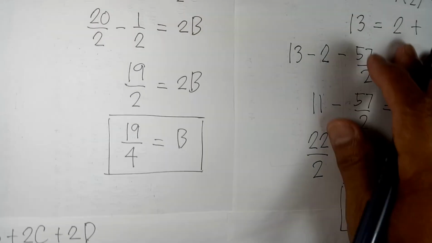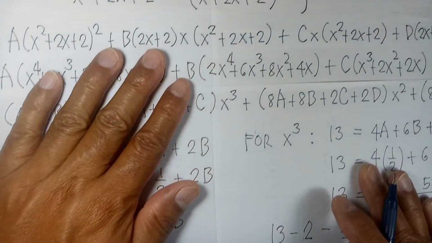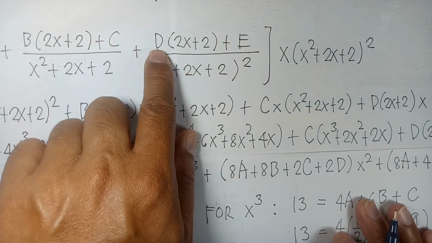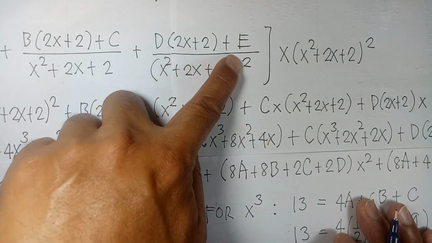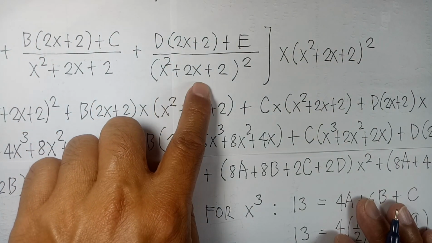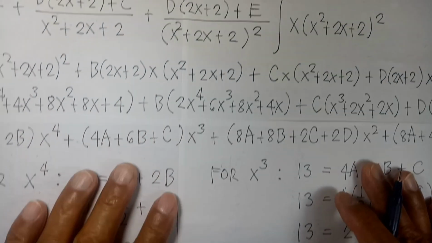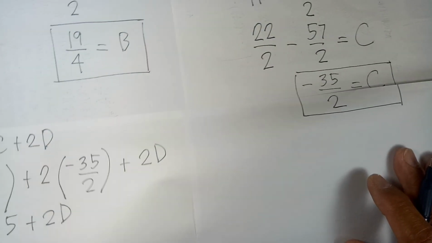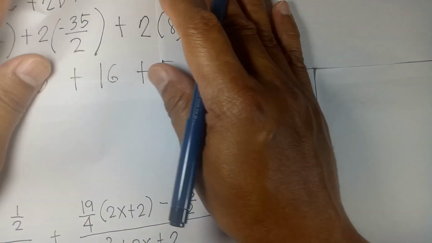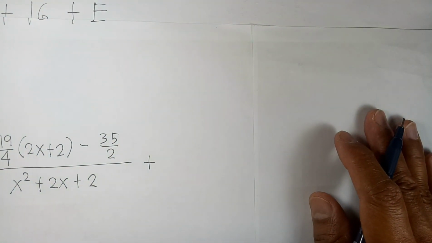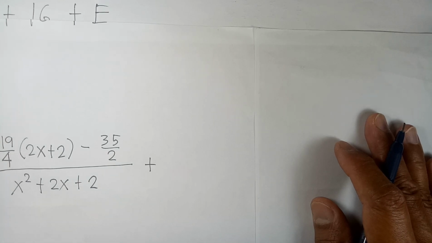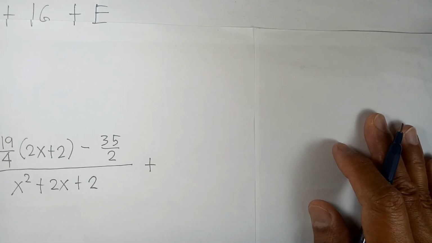So, ang kasunod naman ay d times 2x plus 2 plus e divided by x squared plus 2x plus 2 quantity squared. Okay. So, plus d.